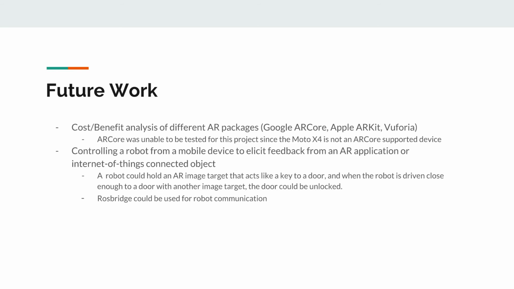For this sort of research, ROS Bridge could be used to communicate between the AR application and the ROS application running on the robot. And this could be used for a variety of different applications, this sort of AR robot combination.